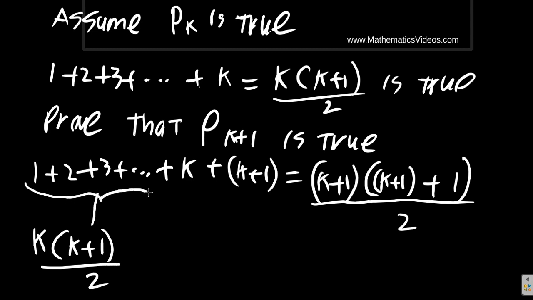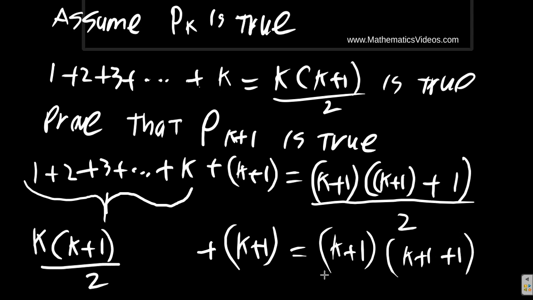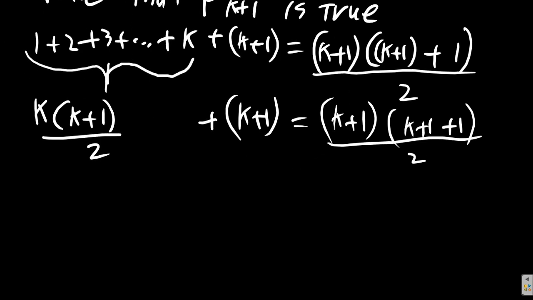Then plus this k plus 1, equals, and then all of this (k plus 1). Well, this bracket, we won't need those brackets. They would not make a difference, so we can remove them. k plus 1 divided by 2. Alright?